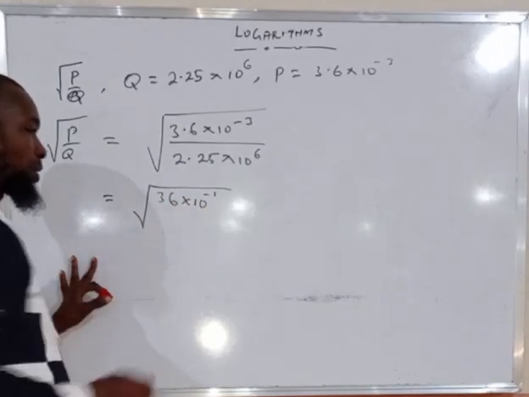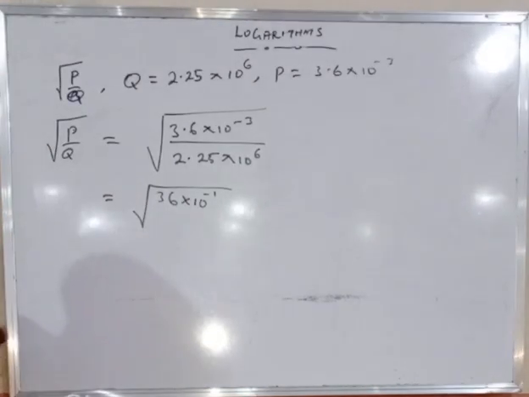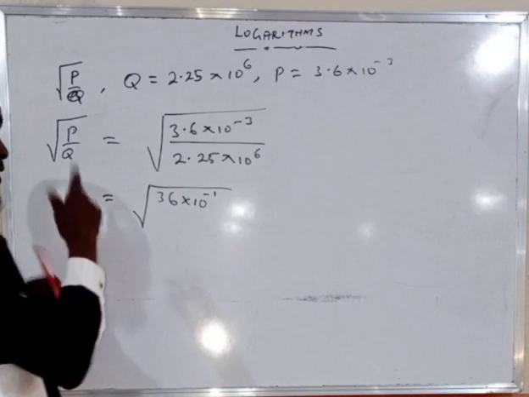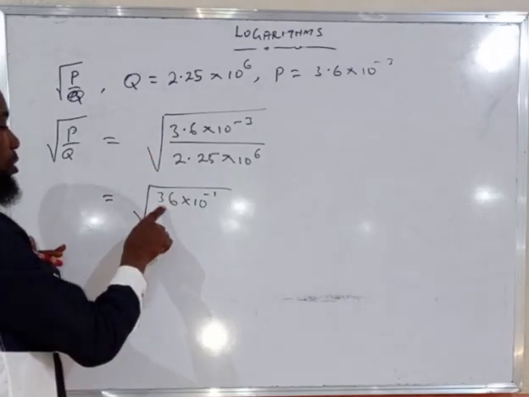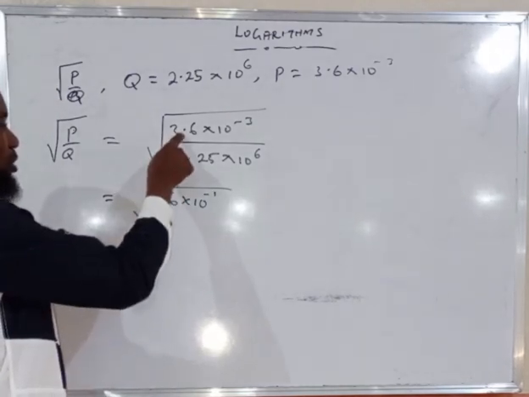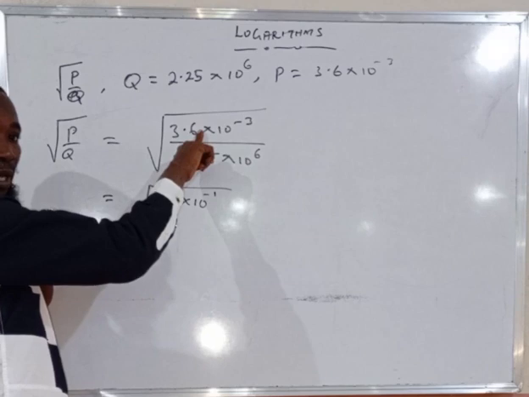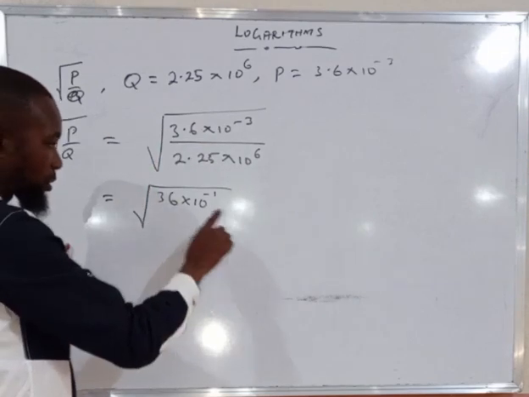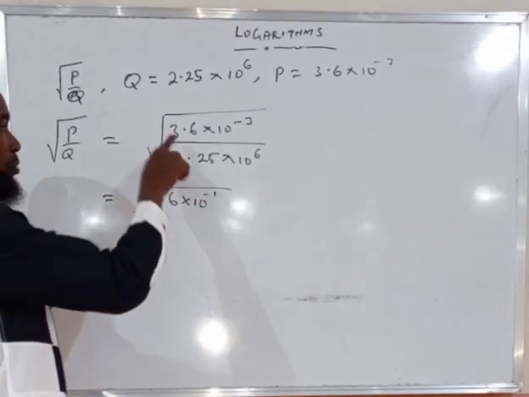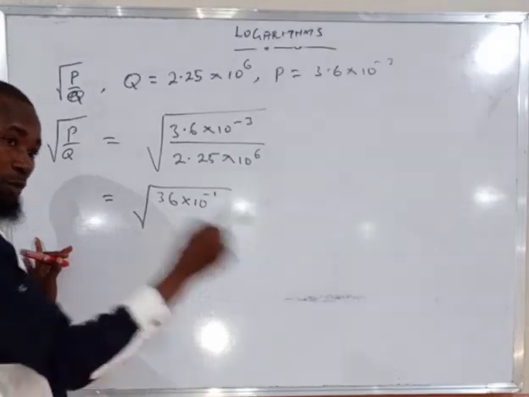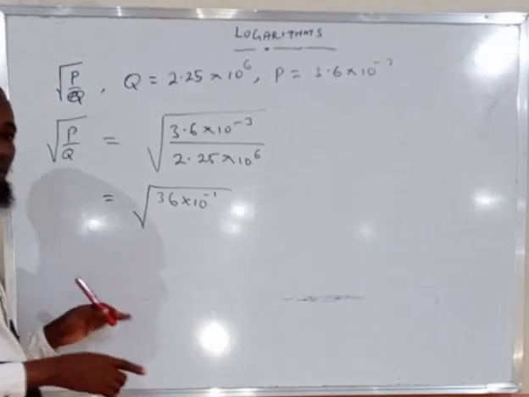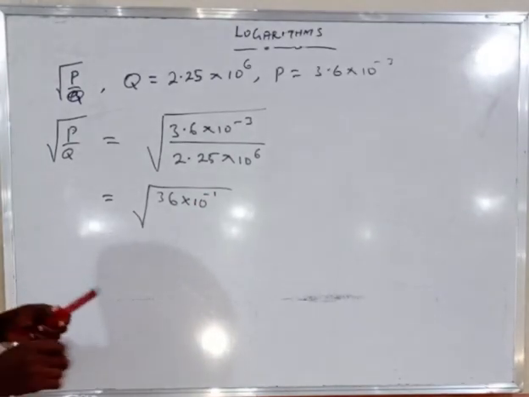Minus 1. Because it is 3.6, for this to become 36, the decimal point has to be moved once to the back. Moving once is where we got 1. But because the movement happened backward, that was the reason we have minus. I hope that is clear.